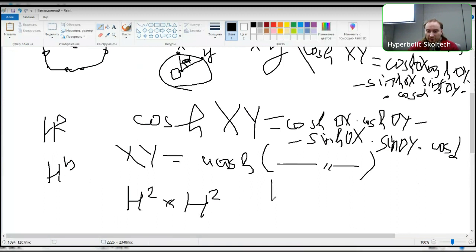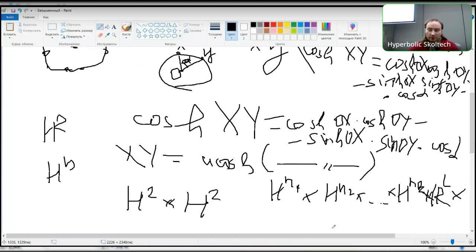Probably we have another hyperbolic-like manifold: H^n1 times H^n2 times etc. times H^nk, and probably times Euclidean space R^L, and probably times several spheres, for example S^L1, an L1-dimensional sphere, an L2-dimensional sphere, times an Lm-dimensional sphere.